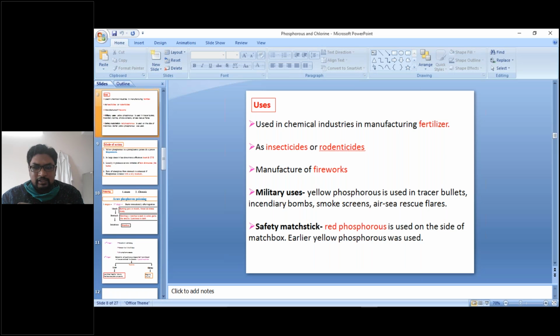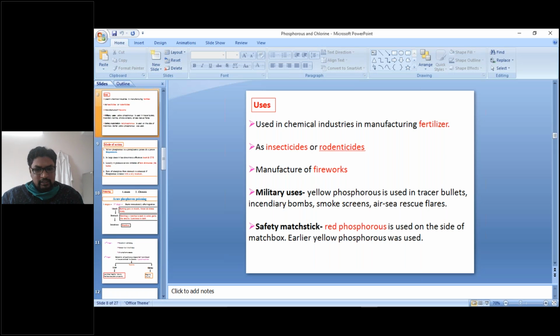So yellow phosphorus, one is tracer bullet. It will leave a pathway while it is going and hitting the target. Another is it will hit the target, and then at the point of target it will ignite itself, wounding the target organ, target person, and sometimes it can also explode at the point of target.